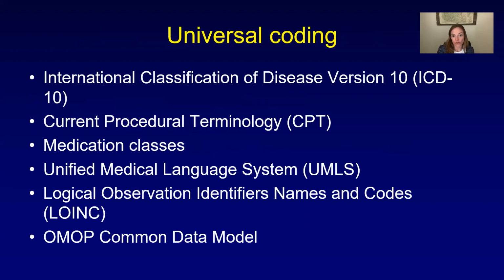So universal coding, what I mean by that is just, within the data sources, there's often codes that you can rely on being very generalizable across institutions and even across the world for the most part. So certainly ICD 9 and 10 codes, current procedural terminology codes you would think would be very universal, but unfortunately some institutions are better than others at keeping track of CPT codes.